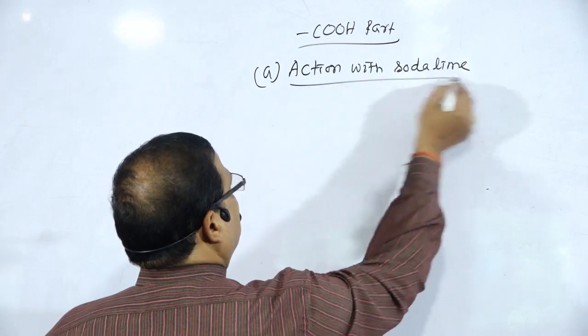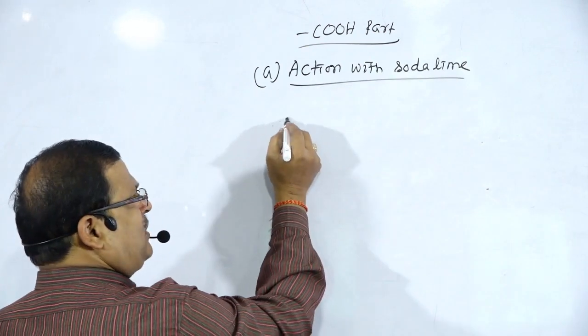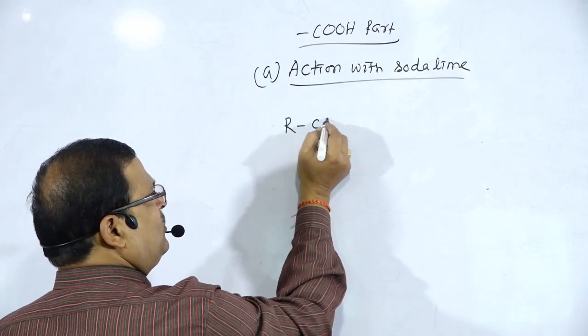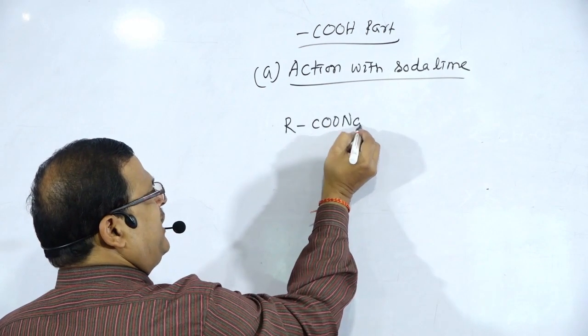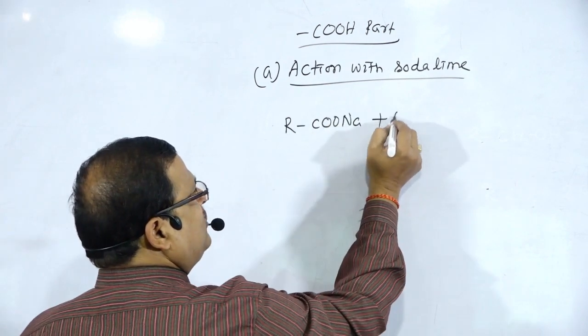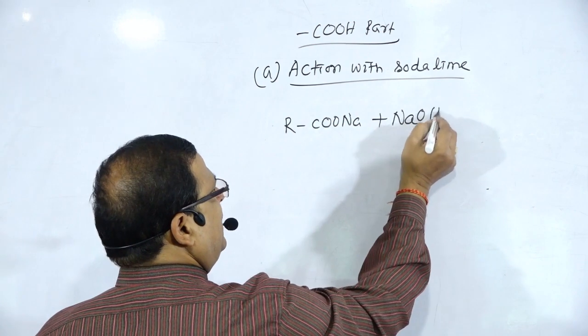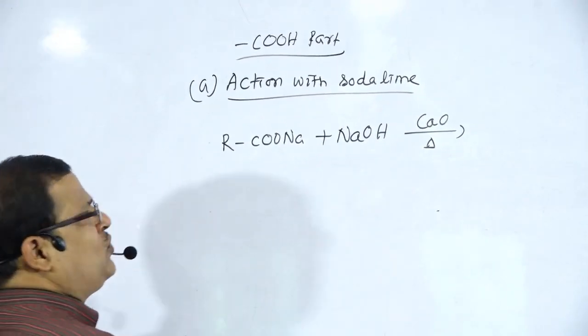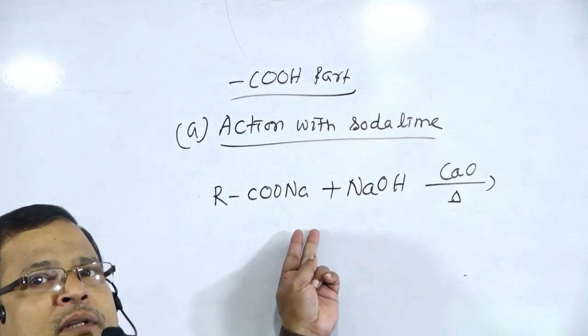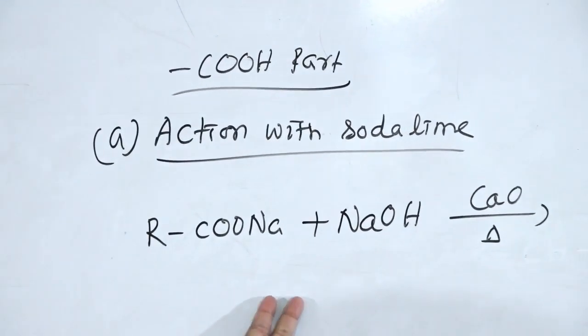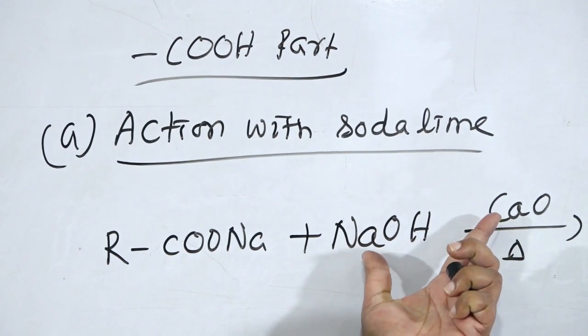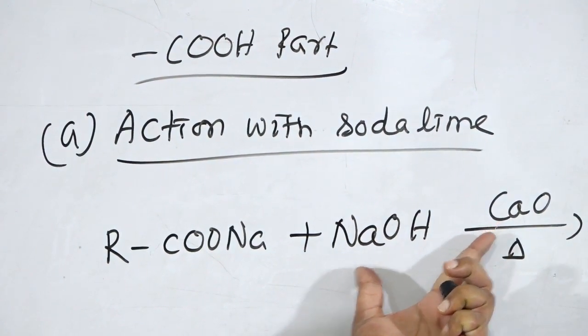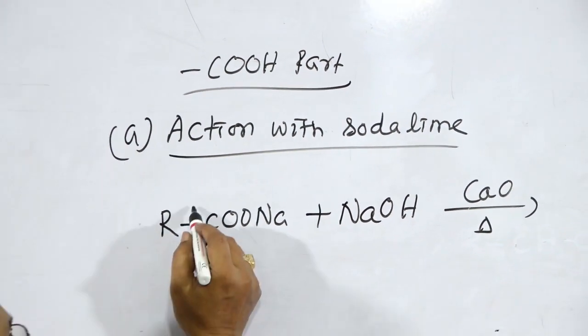Action with soda lime. Whenever the sodium salt of the acid, RCOONa, is heated with soda lime, NaOH and CaO, the mixture of sodium hydroxide and calcium oxide, what will be the product upon heating?